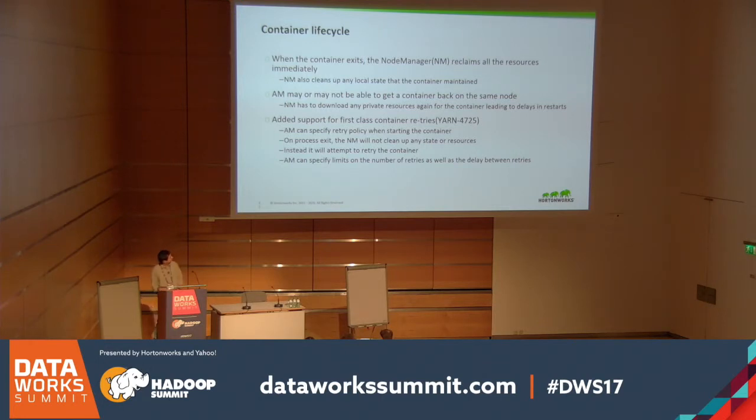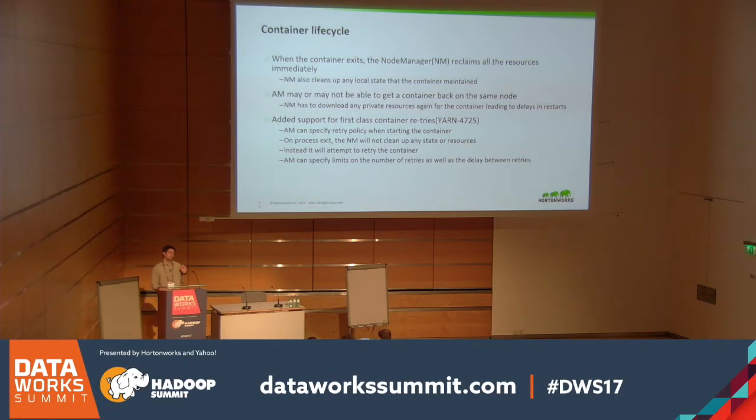So in Yarn 4725, we added support for first-class retries on the container itself. Now, you might think, what's the big deal here? But a lot of folks, and this is a fairly common thing, don't know how much memory to allocate for a container, so there's a lot of trial and error. You'll be surprised by the number of containers that get killed simply because their memory requirements are not correctly specified.